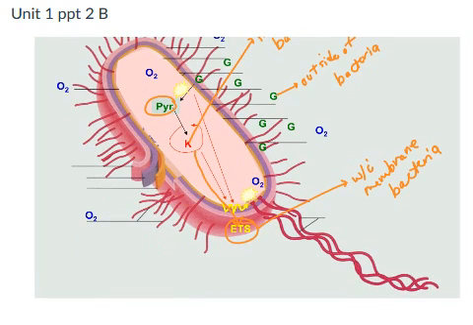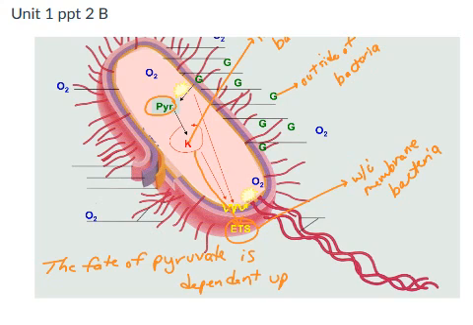There's a statement that you need to be able to answer to ensure that you understand. And that statement is that the fate of pyruvate is dependent upon the availability of oxygen.